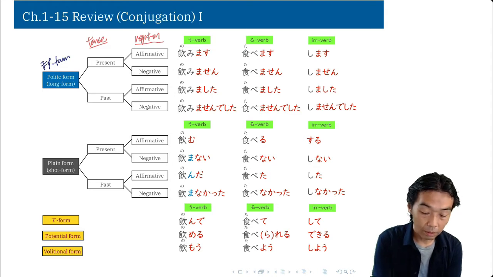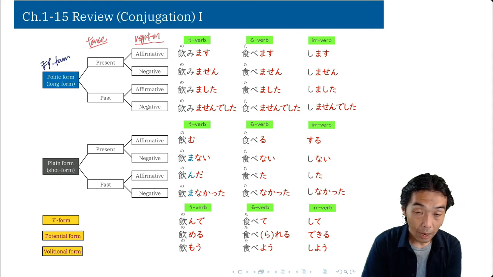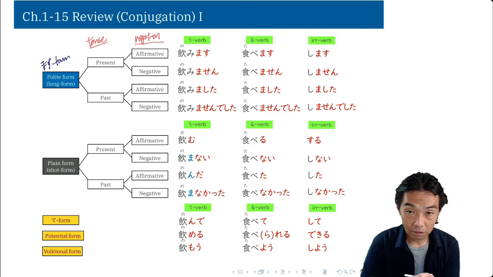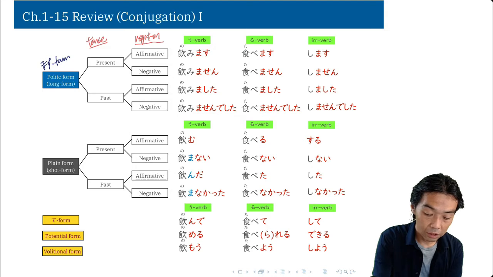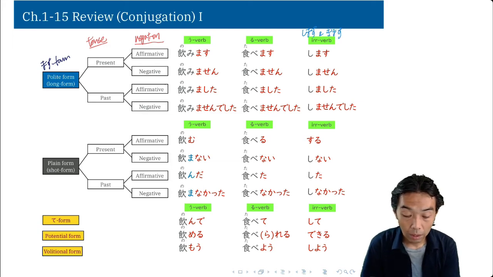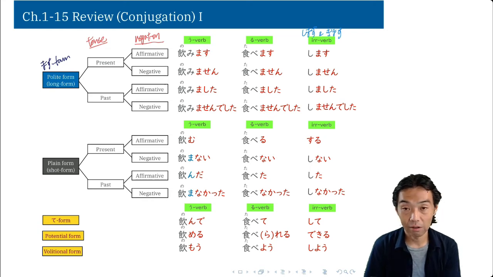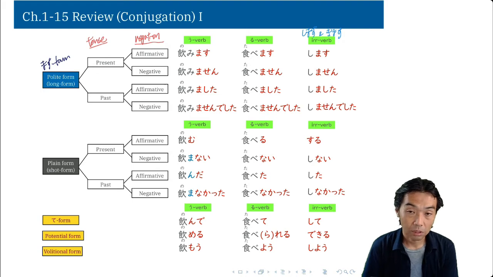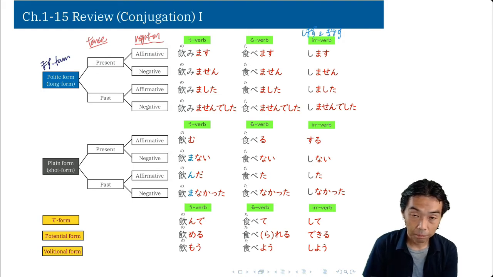So start with irregular verbs because you have only 2 irregular verbs, which is shimasu and kimasu, to do and to come. So all you have to remember about irregular verbs is that there are only 2 irregular verbs in Japanese, shimasu and kimasu, to do and to come.